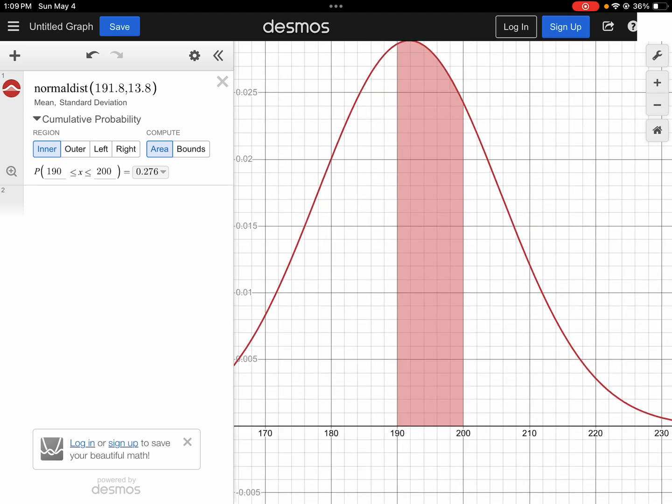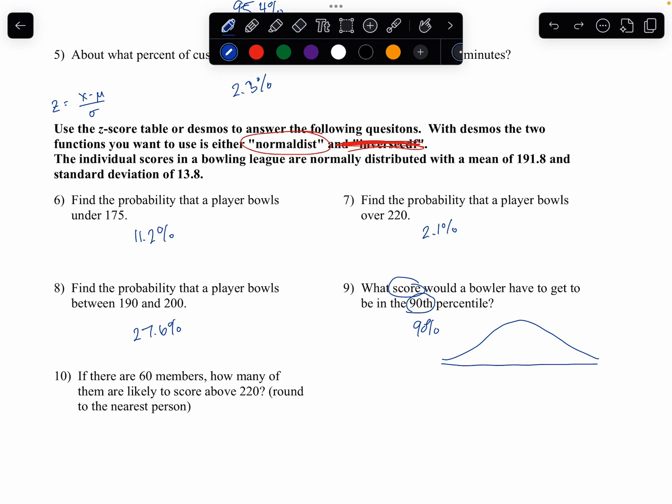Now we have to work backwards. They're telling us that what score would a bowler have to be in the 90th percentile. So what that means is that the area underneath the curve to the left has to be 90%. So this has to be 90%, and then what would the score have to be.